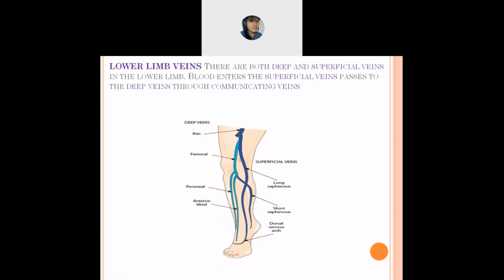Communicating veins means they are all intertwined together, so that's why they are known as communicating veins. I hope it's clear.